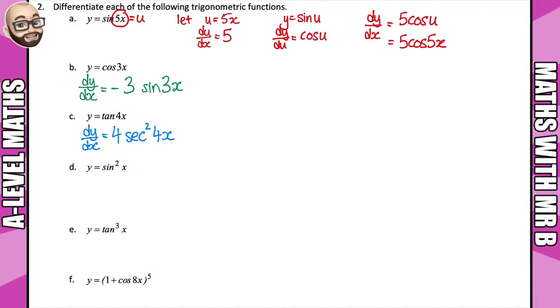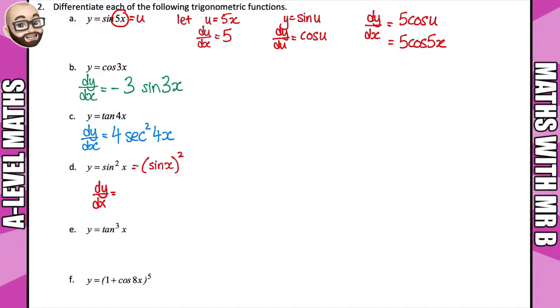Now for these ones with powers, don't forget that sine squared x actually just means sine x all squared. So we can differentiate this one again by using what we know about the chain rule.